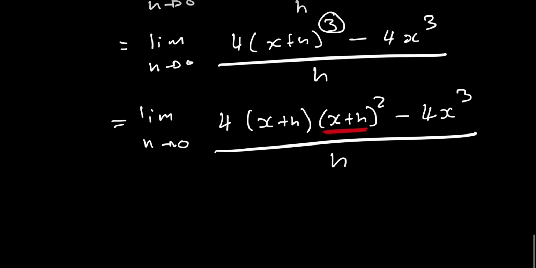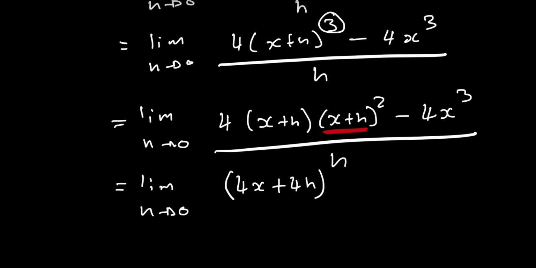So now we have to simplify at the top. The limit as h approaches 0, then we have 4 into x plus h. Or we can actually multiply this out: 4 multiplied by x is 4x, plus 4h.